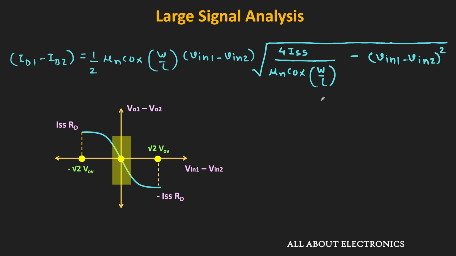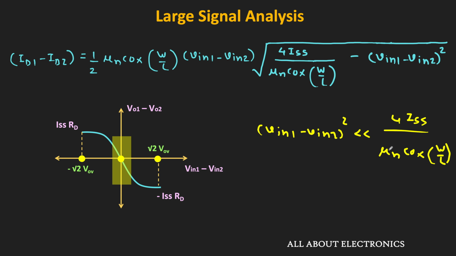Now in this expression, when Vin1 minus Vin2 whole square is much less than this term, that is 4 ISS divided by mu times Cox times W divided by L, then this second term can be neglected.